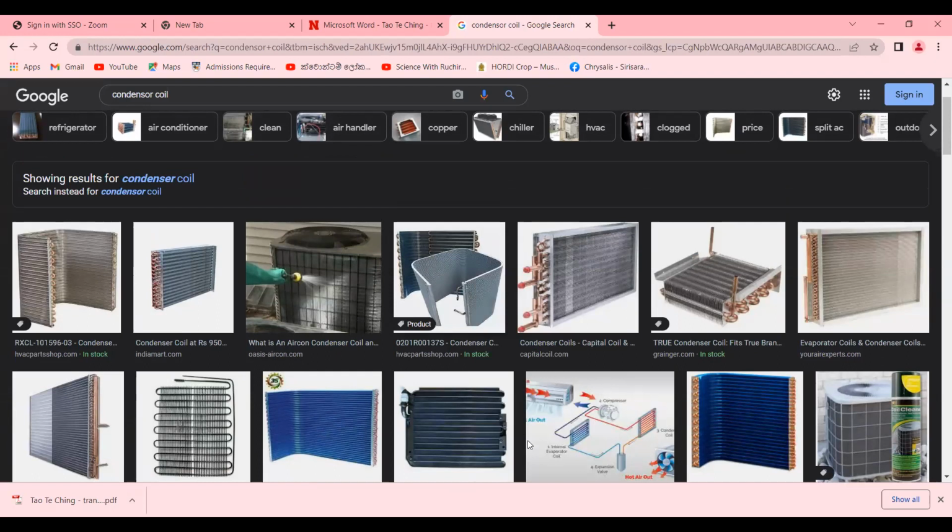Very nice schematic. We will take this one also for the presentation. So, the condenser coil. We will take what?